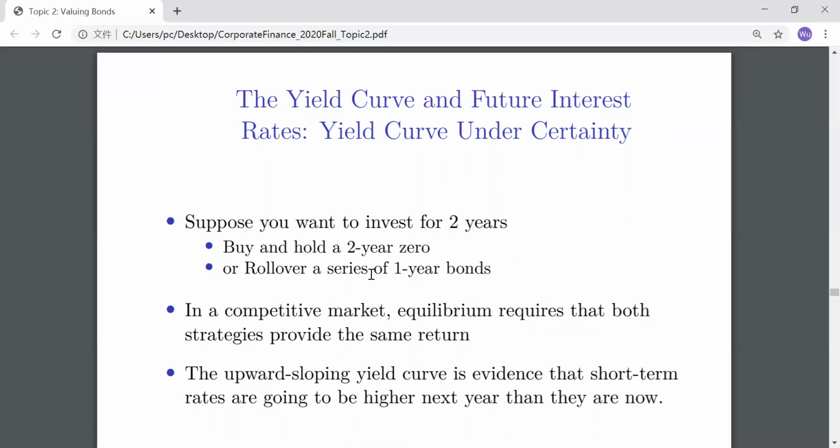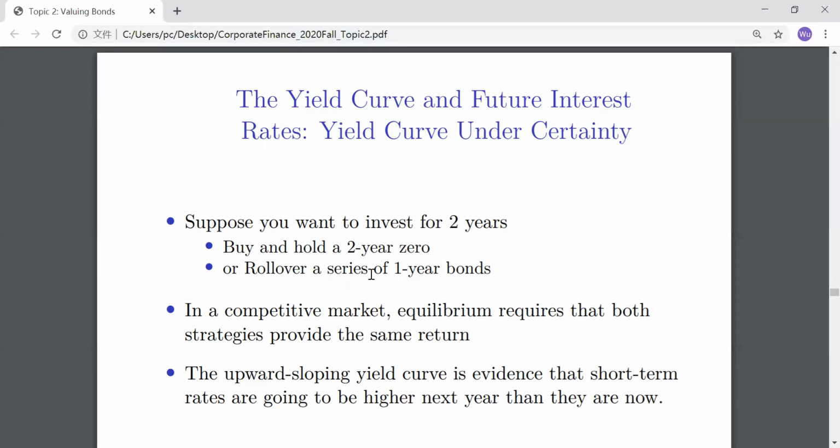Suppose we want to invest for 2 years, and there are 2 ways to do it. We can buy and hold the 2-year zero coupon bond, or we can roll over a series of 1-year bonds. Essentially they are just two 1-year bonds, because we are going to invest for 2 years anyway.